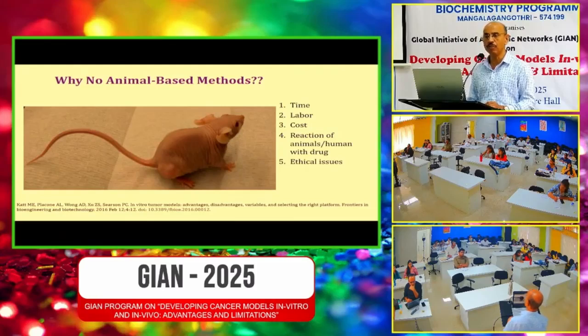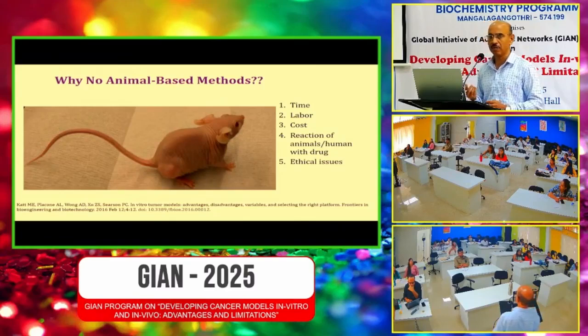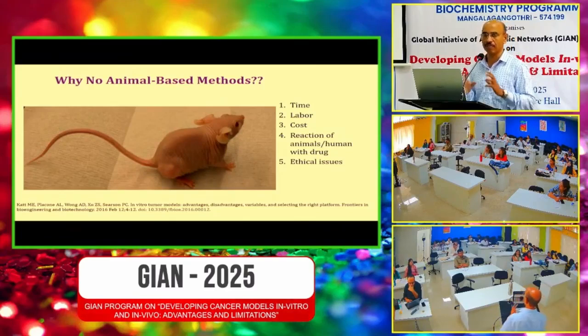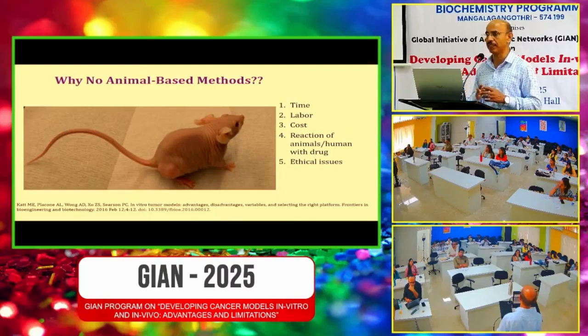And one more disadvantage, a general one: even if you use animal models, you are not sure that it mimics everything in the human being, because the mouse may have a different body, or a different way of interacting with the drug, or its reaction to the drug may differ from how we respond to the action of the drug.